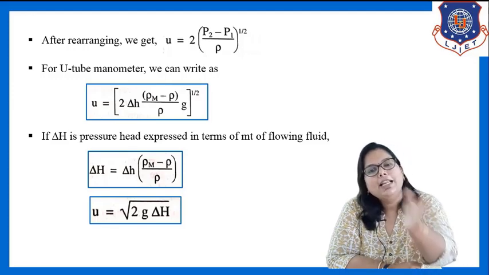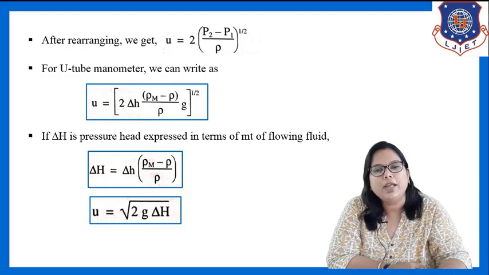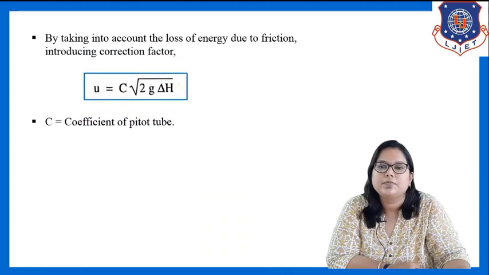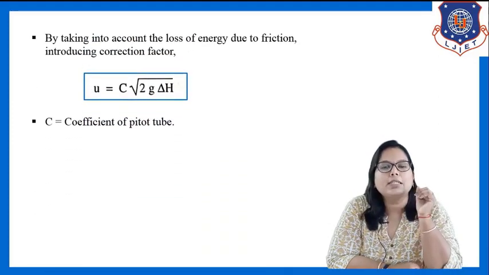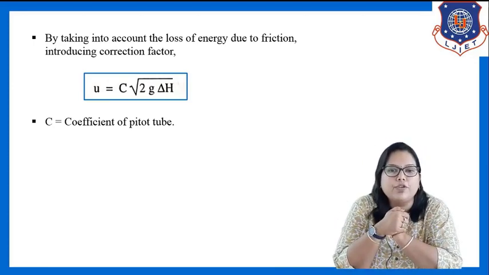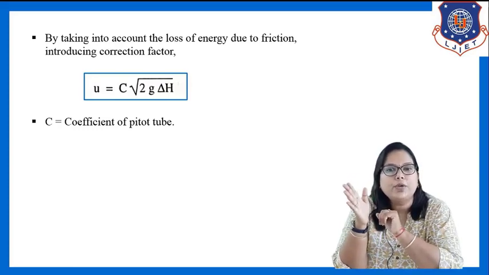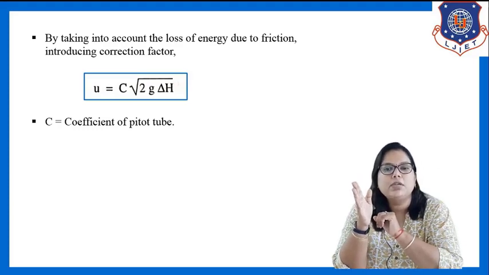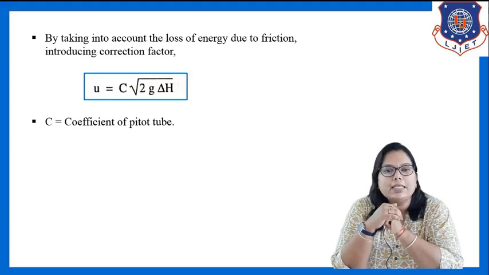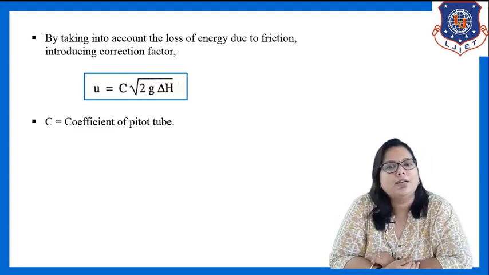So, again I have to introduce the correction factor for the Pitot tube, in a similar way as we introduced in the case of the orifice meter and venturi meter. So, by taking into consideration loss of energy due to friction, we have to introduce a correction factor for the Pitot tube, which is capital C. So, in the u equation, u is equal to capital C, the correction factor for the Pitot tube, under root 2g capital delta H. Now, if I have the equation of velocity, I can easily calculate the flow rate.